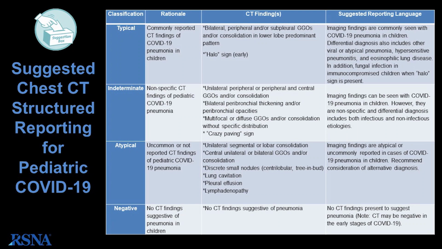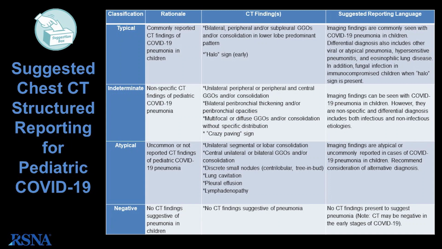Additionally, the halo sign, which is the central area of consolidation with the surrounding rim of ground glass, has been included in this category as it is a sign often observed in early cases of COVID-19. For this category, we again report that these imaging findings are commonly seen in COVID-19 patients.